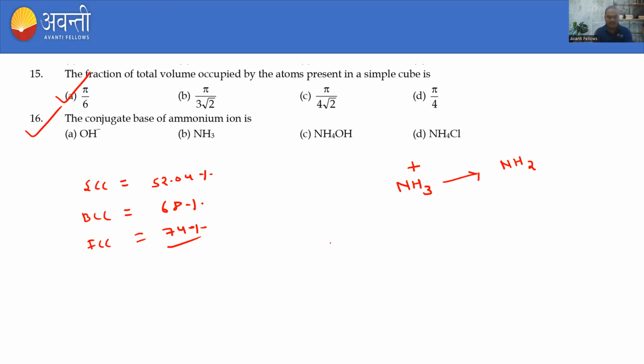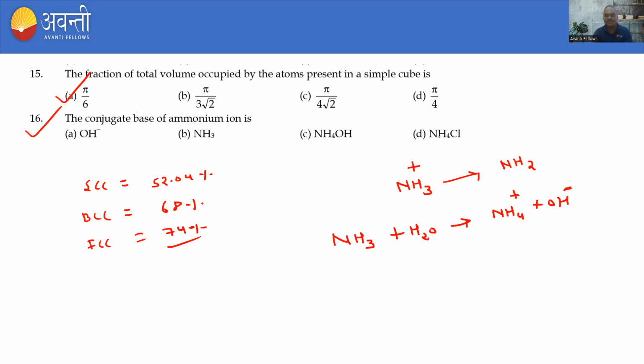Now let's see. For example, we have NH3, right? When it reacts with H2O, it will form NH4 plus and OH negative, right? So this is the conjugate acid and base pair. Similarly, NH4 plus and NH3 are the conjugate acid and conjugate base.